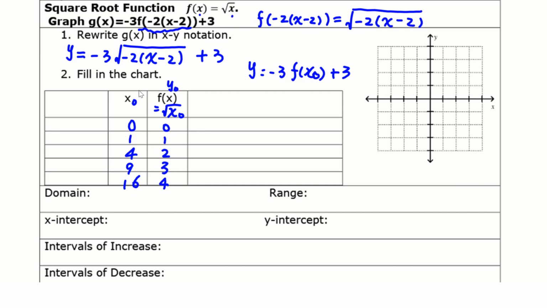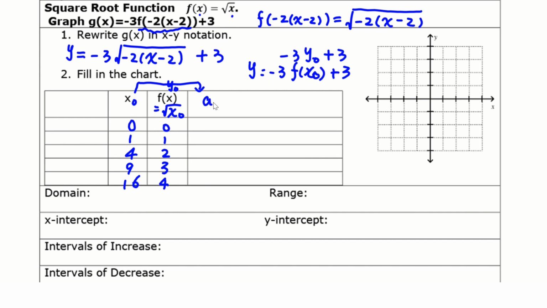So this is when we have negative 2 bracket x minus 2, and then what the y value will be. So f at x0 is your y0, so it will be negative 3 y0 plus 3.